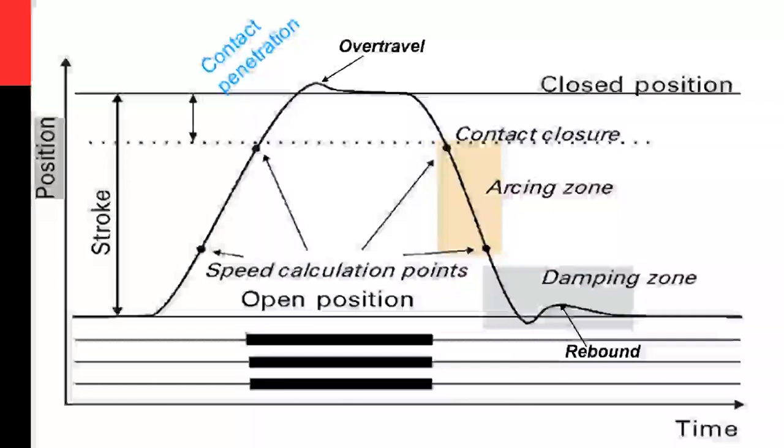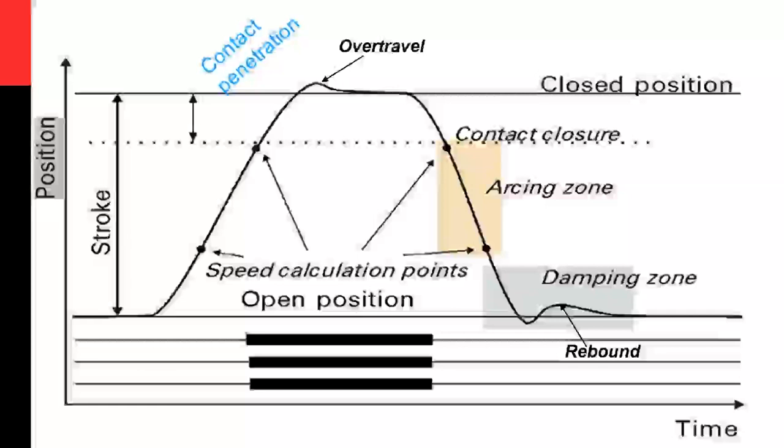Some other things you'll see is up on the upper left in blue there, you'll see that contact penetration. What that is measured from is when your contacts first touch to the resting closed position. So that shows you how much you have contacted in there to make sure enough of the contacts are engaged for ample current flow there.